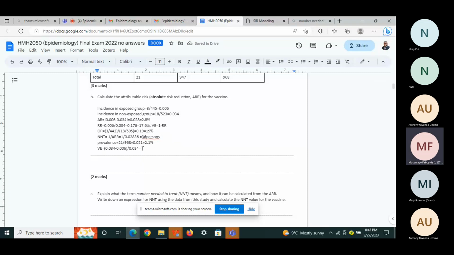Please, what's the answer for this whole equation? The difference, our absolute risk, is 0.028, divided by 0.034. What's the answer? Just press this whole thing in your calculator.